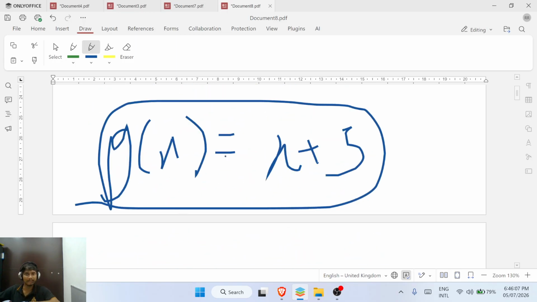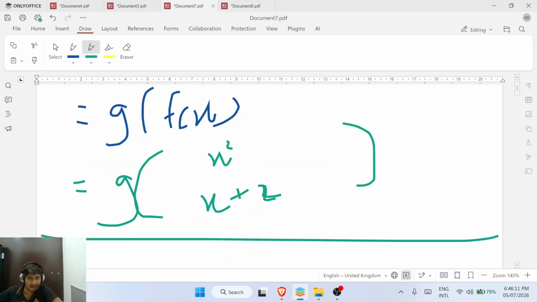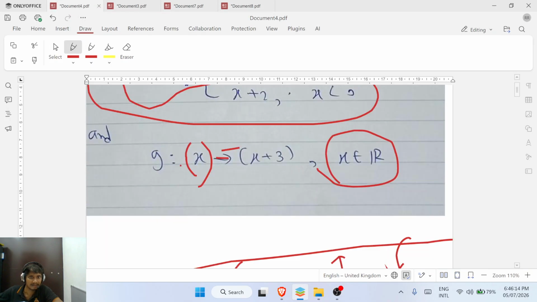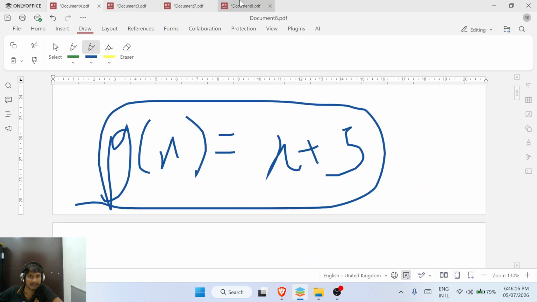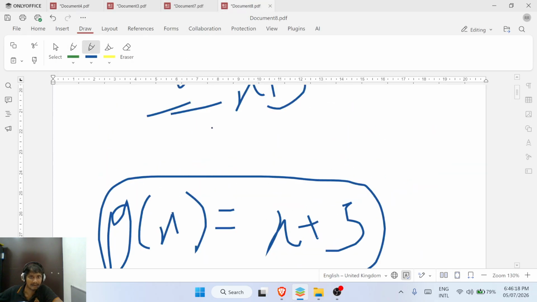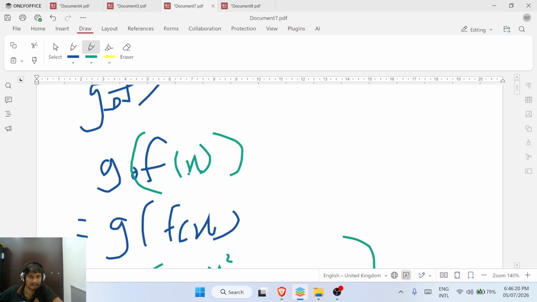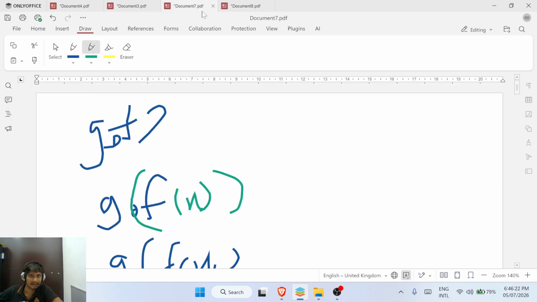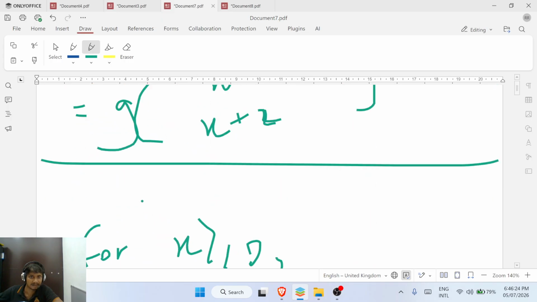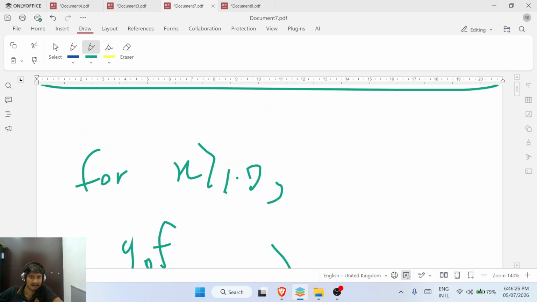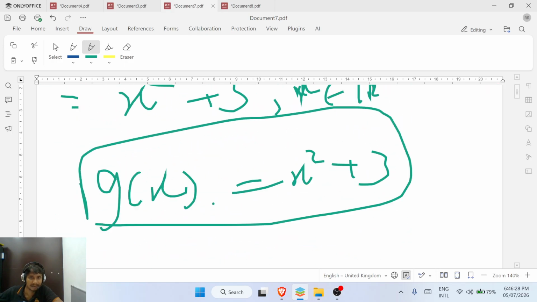Now we have found the answer. The question asks us to find g of f. We have to find g of f for every case. For x greater than or equal to 0, g of f of x is x square plus 3.